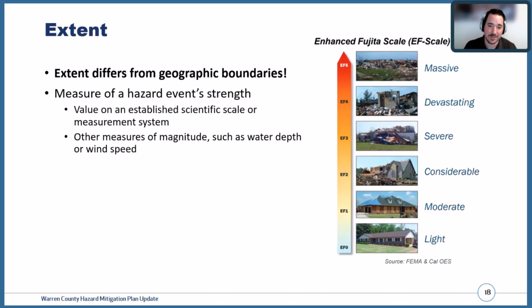So those are important things we have to capture in the plan, especially if we have the knowledge that it's happened in the past and what could occur in the future regarding climate change or adaptation and development in the community.